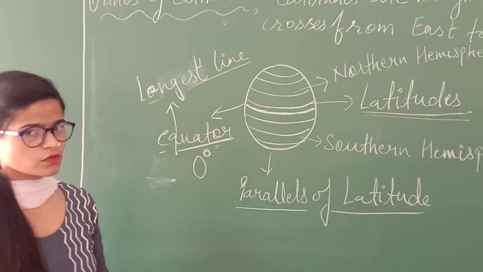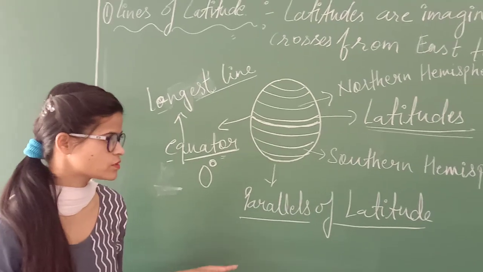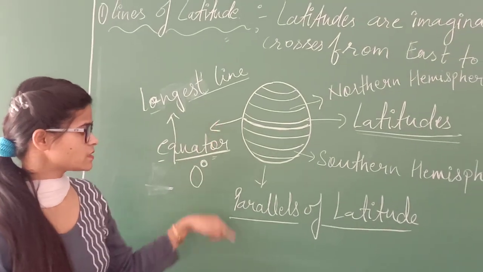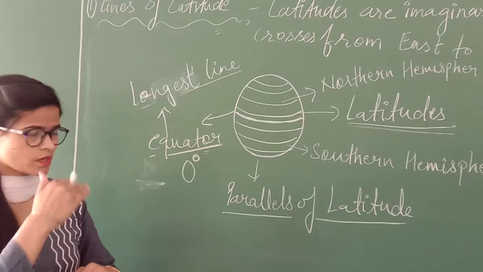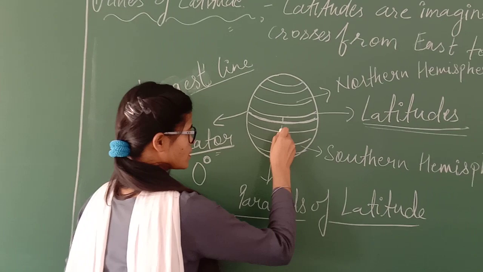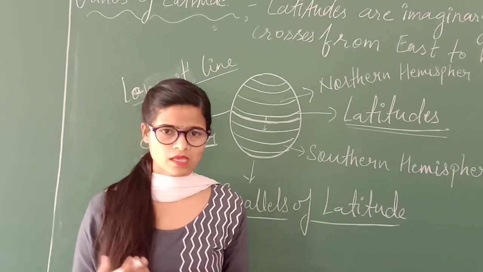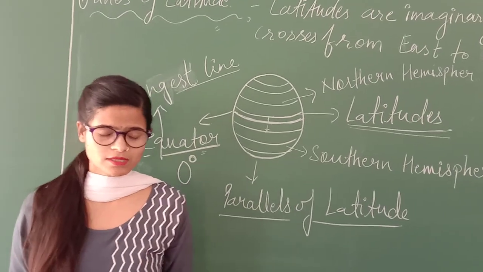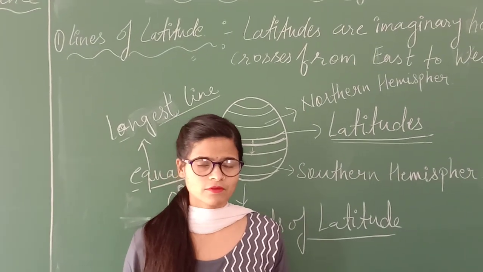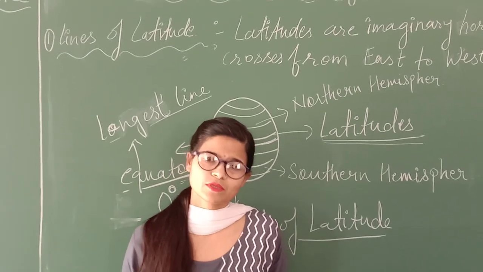I was telling you why these lines of latitude are called parallels of latitude: because these lines are parallel to each other. Parallel means facing each other. For example, you and I are in front of each other, but you are able to see me while I am not able to see you.